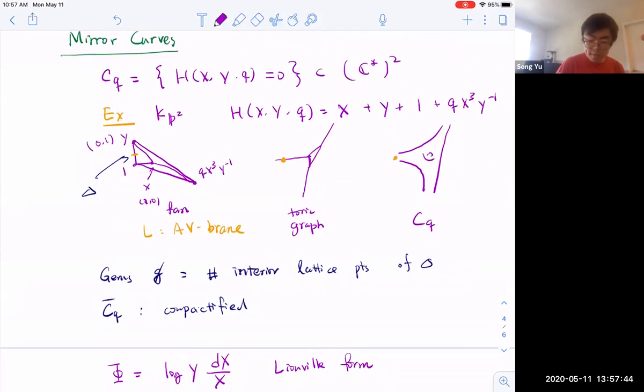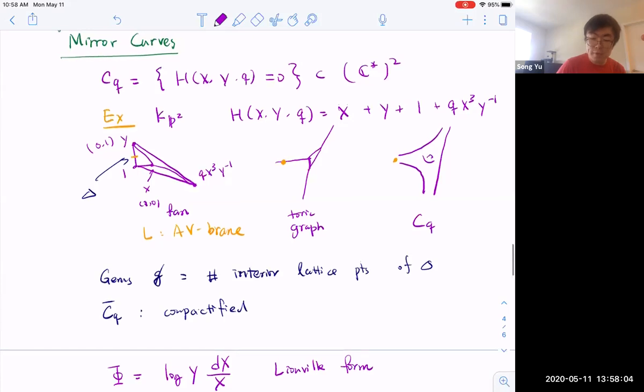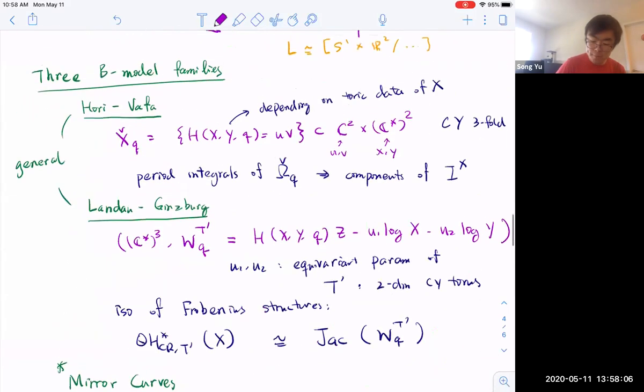So this new B-model family is actually related to the previous two that I mentioned in the following sense. We have a form phi on this mirror curve C_Q, and the period integrals along one-cycles of this phi can be identified with the period integrals of this omega check Q on the Hori-Vafa mirror.